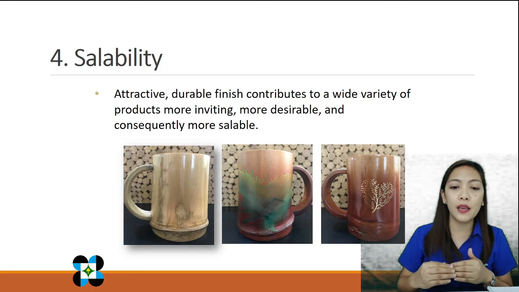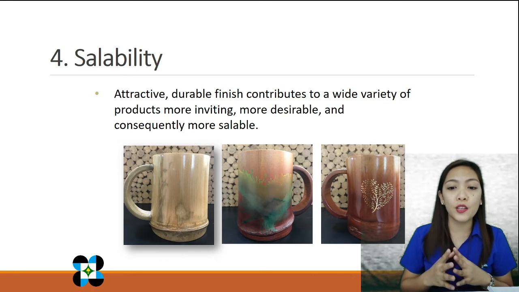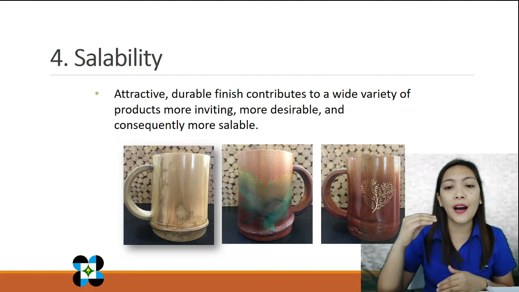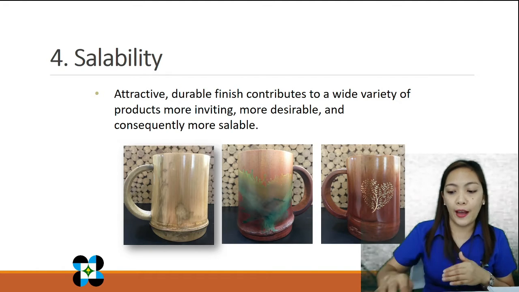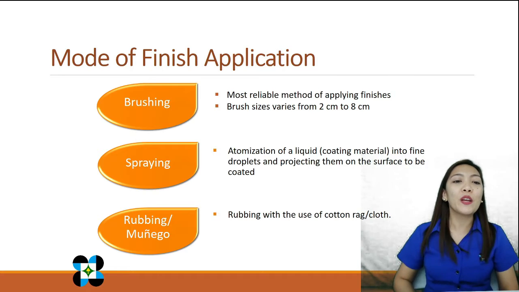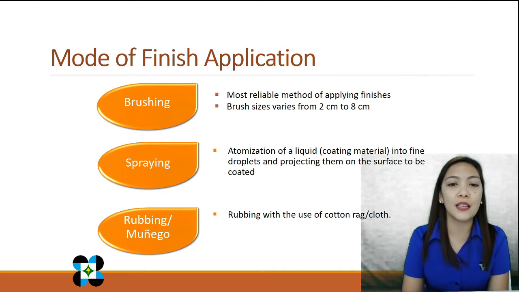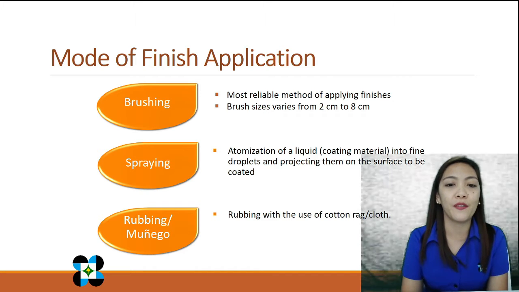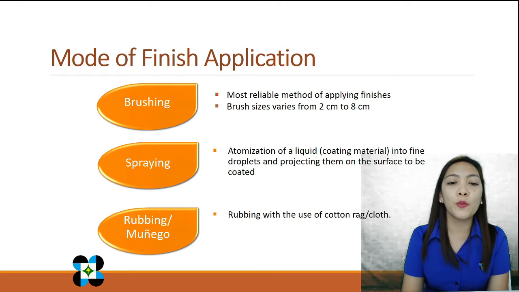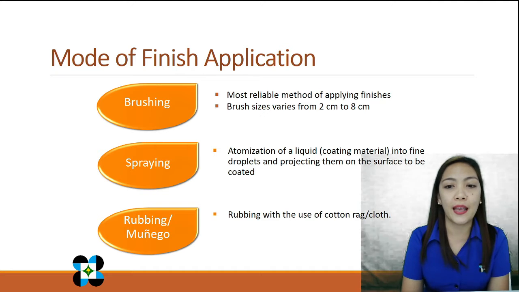And I must say, yung paglalagay ng finish or wood finish sa ating products would increase the value ng ating product. There are two major modes of application of finish, such as brushing and spraying. So, brushing is the most reliable method of applying finishes. Basically, gumagamit tayo ng brush with different sizes from 2 cm to 8 cm.